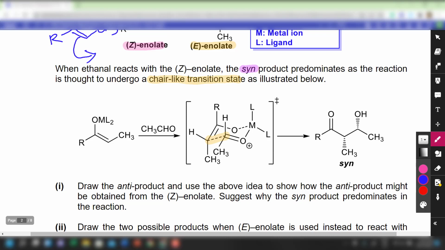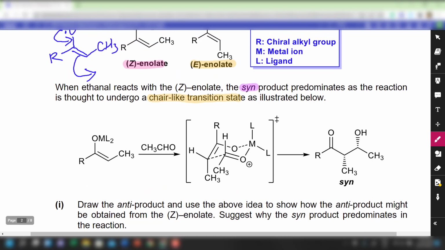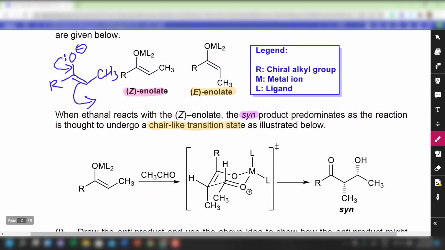Another thing which your seniors don't quite understand is how come the metal is coordinating to both. I can explain this in some detail. The reason why the metal is coordinating to both is because this is how catalysis takes place.